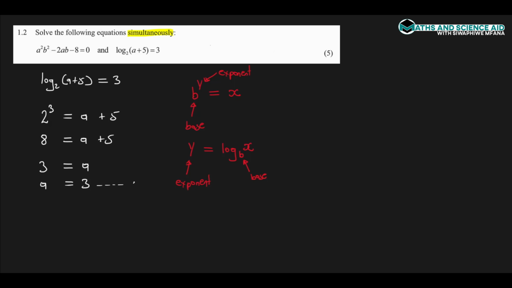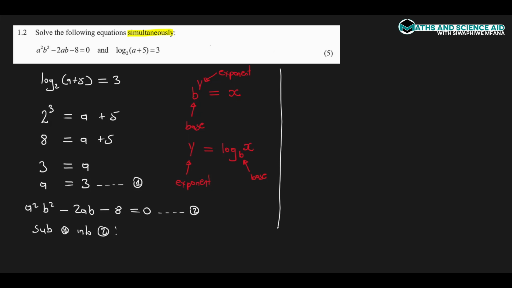So we can now call this our equation 1. And then equation 2 is going to be a squared b squared minus 2ab minus 8 equals 0. So we will take this as our equation 2. And now we can simply substitute equation 1 into equation 2.